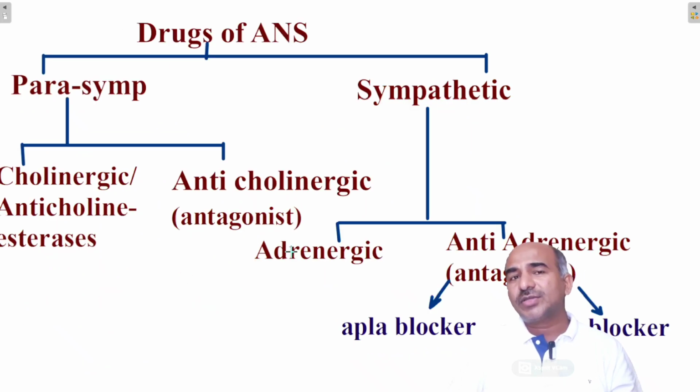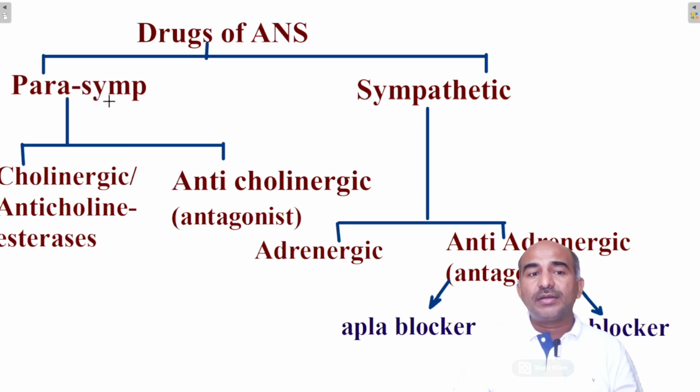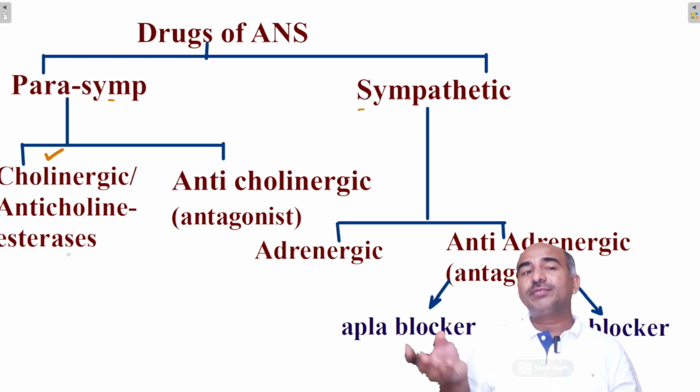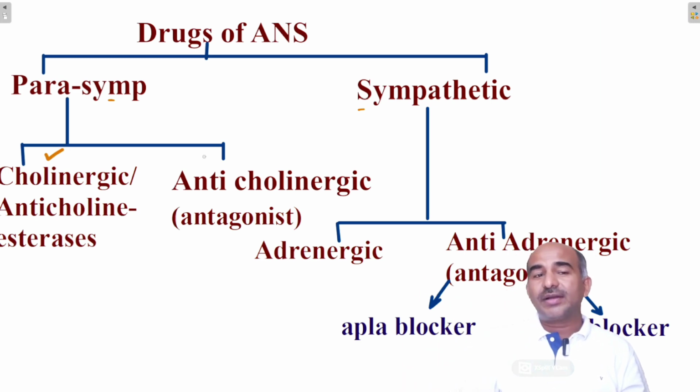So I am just giving you a brief idea of how many types of drugs there are in the autonomic nervous system. There are two types of drugs: sympathetic drugs and parasympathetic drugs. In the parasympathetic, if sometimes there is too much action, we will give another drug.